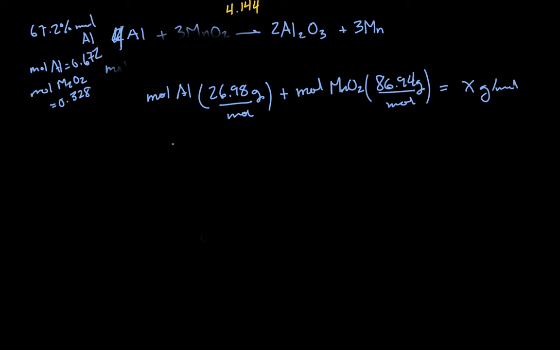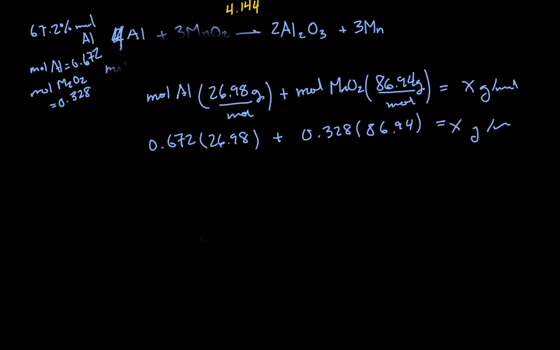Okay, so we're going to use the moles that we have over here. So 0.672 times 26.98 plus 0.328 times 86.94 gives us X grams per mole.